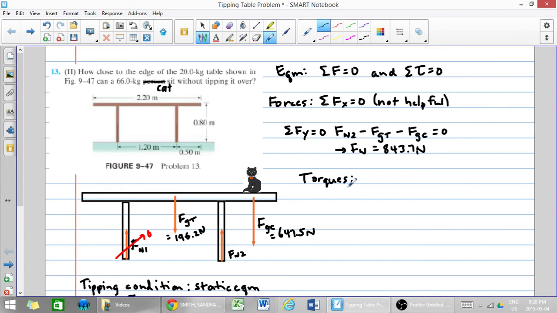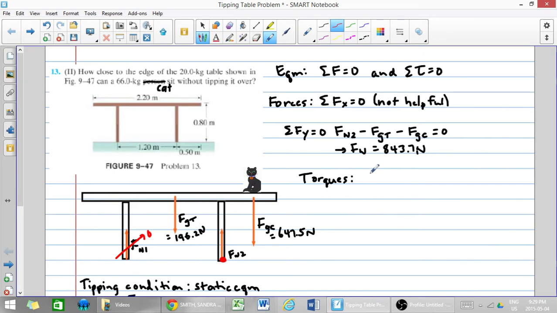Our first job is to decide what the pivot point is. I think in this case, we will choose the point at which the table is actually pivoting. And remember, the first normal force is 0, so we'll just be dealing with the two torques from the gravity on the table and the cat.